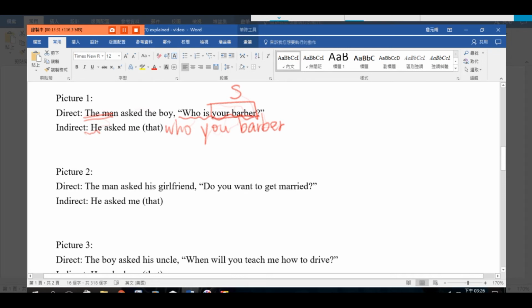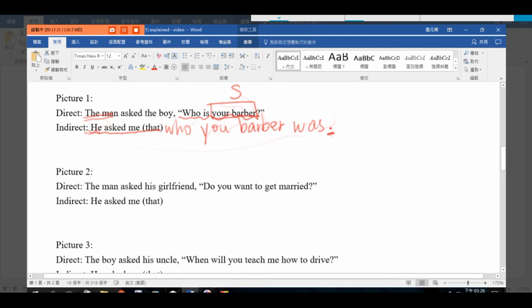We have to go back in time, remember? Present simple tense into past tense. So, who your barber was. Okay? And then a period. Why period? Because look at this part of the sentence. This is not a question. Okay? So, he asked me that who your barber was. That's the answer for picture number 1.